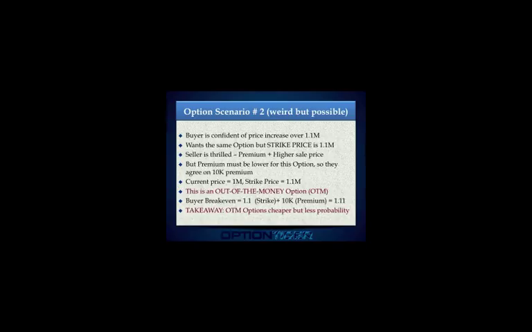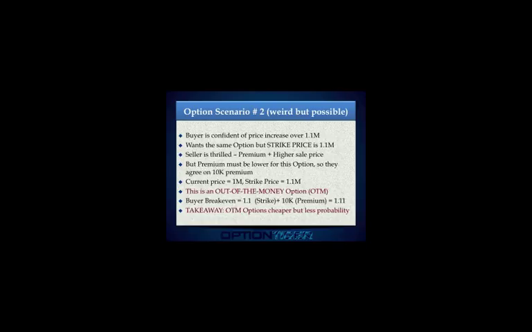So, takeaway here. Out-of-the-money options will be much cheaper than at-the-money options for a buyer, but for the deal to be profitable, the underlying has to move by a lot more by the expiry date for the option buyer to make some money. For a buyer of out-of-the-money options, probability is against him.